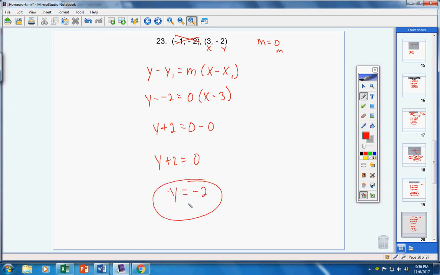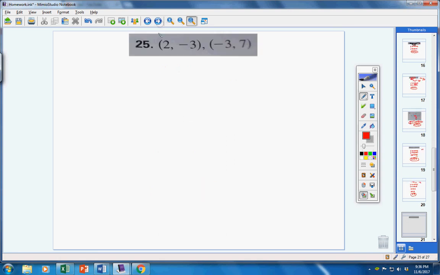The equation of the line that passes through these 2 points is y equals negative 2. Alright, 25, here we go. We're given 2 points. Let's find the slope quickly. y minus y, that's negative 3 minus 7. x minus x, that's 2 minus a negative 3.